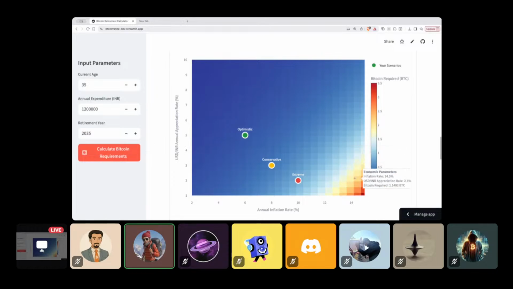Only then can this happen, and it can happen very briefly, but sustaining it for a long period, I don't think it's feasible. But if you are very paranoid and you want to be absolutely sure that the BTC that you are going to save for retirement will help you get through any kind of situation, you can use numbers from here. Probably you're looking at quite high numbers, more than one BTC in this area.